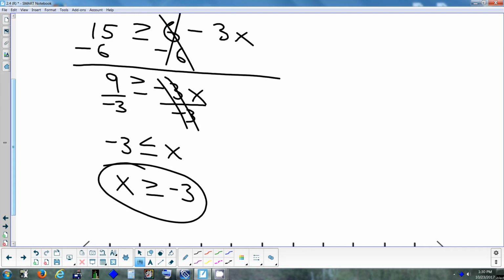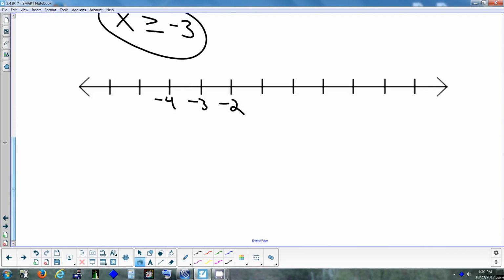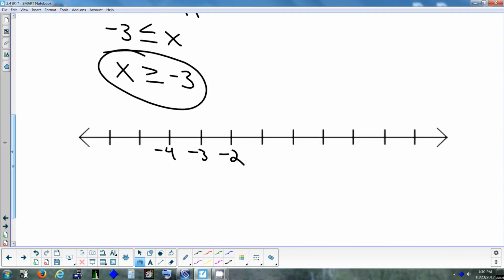Now it tells us which way to shade. Connor, what kind of circle on negative 3? Open or closed? Closed. How do you know? Not because it's negative. You could have an open or a closed circle with a negative or positive. Connor, what do you look at to tell you what kind of circle to use? What should you look at in the problem? The sign, right? So how do you know it's closed?